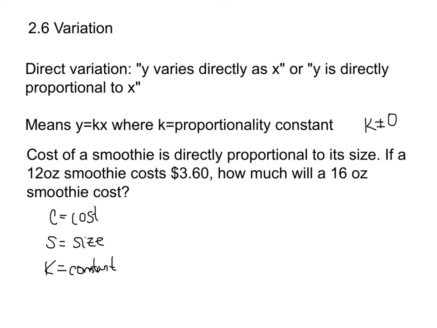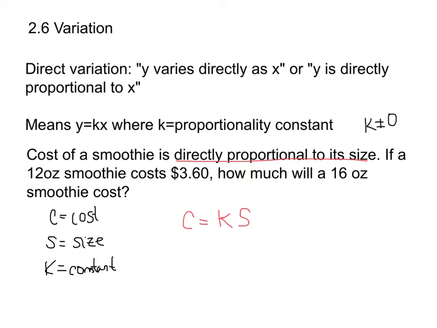So if the cost of a smoothie is directly proportional to, the cost is like the y, it's equal to K times S. We actually have enough information here that we are going to find the value of K and then use it to make a prediction.